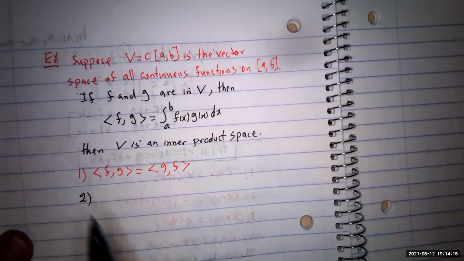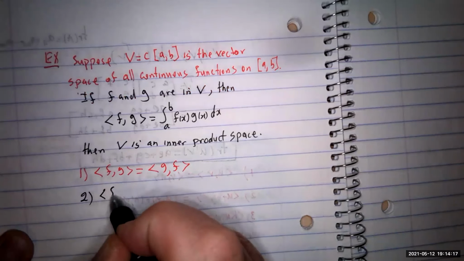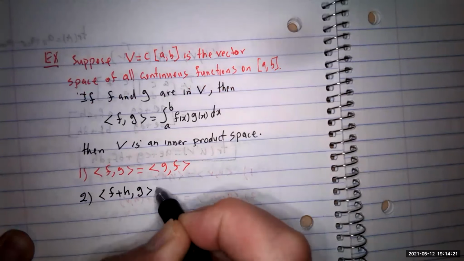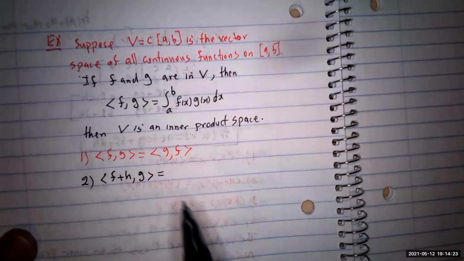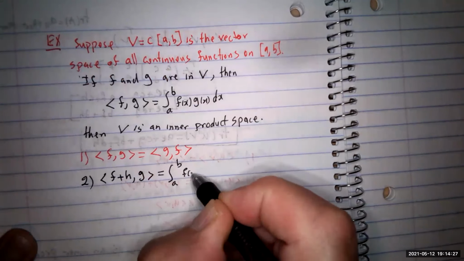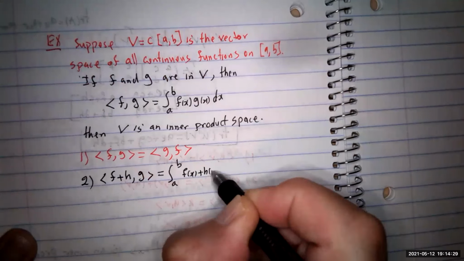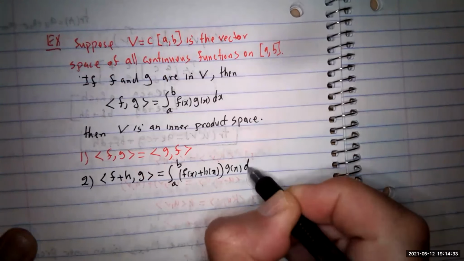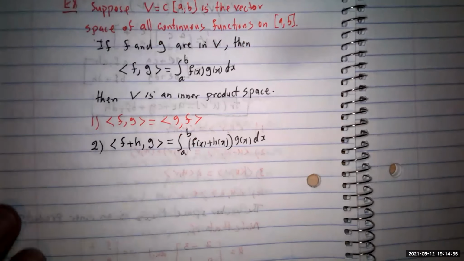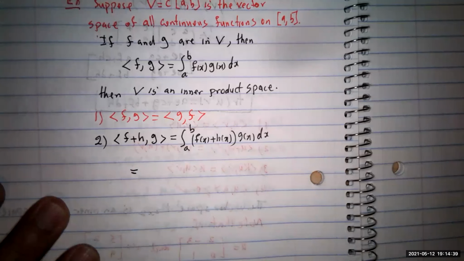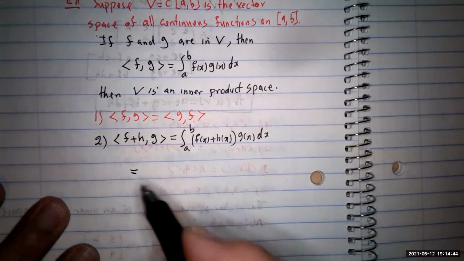If you have, let's say, f plus h and g, the definition would be the integral from a to b of f of x plus h of x times g of x dx. You know from calculus that the integral is linear, so you can multiply by g of x and expand it.